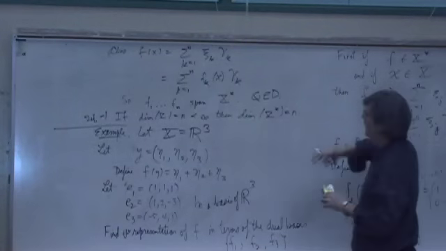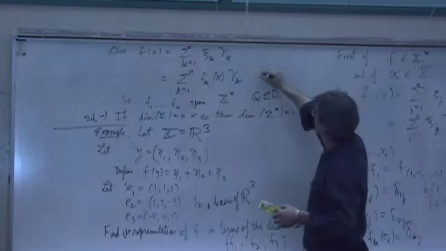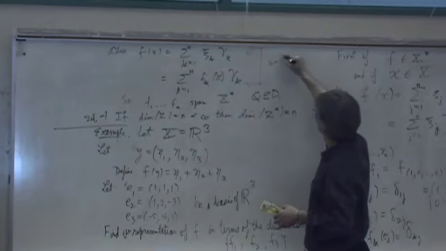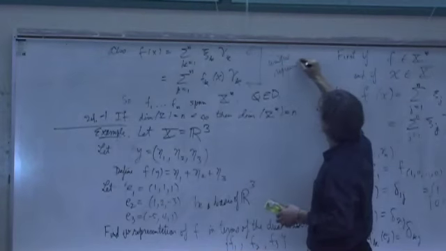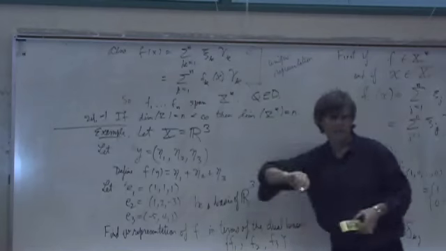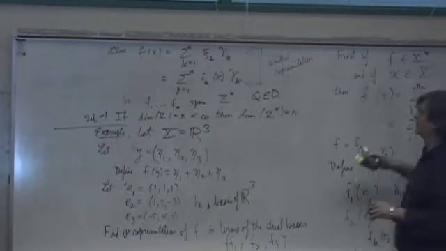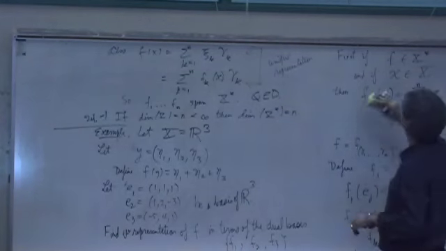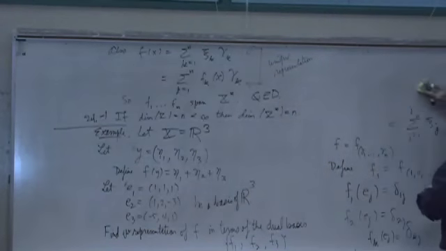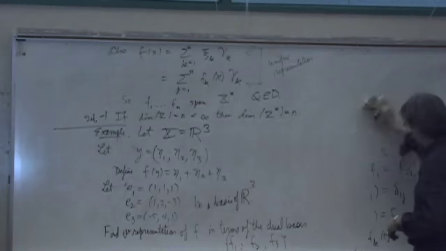So according to that, this is the unique representation right here. It's the sum of gamma k fk of x, or fk of y. So what do I have to do?